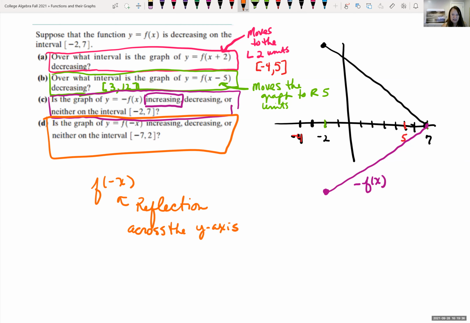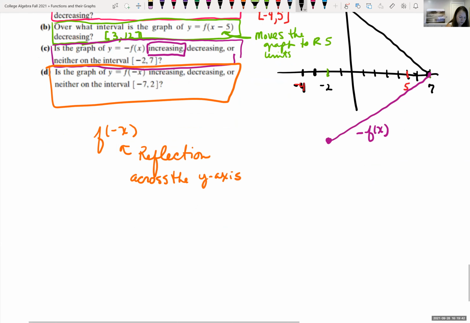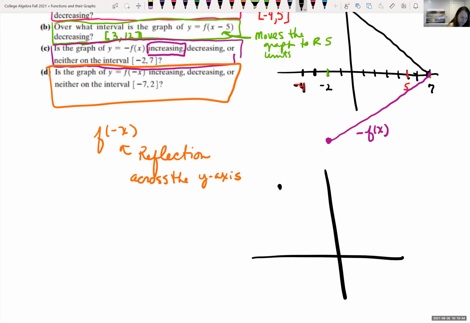So if I looked at this and I reflected what I had, if I looked at what I had, it was just going down from -2 to 7.